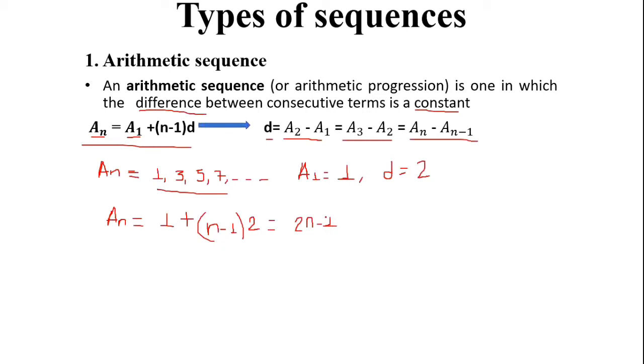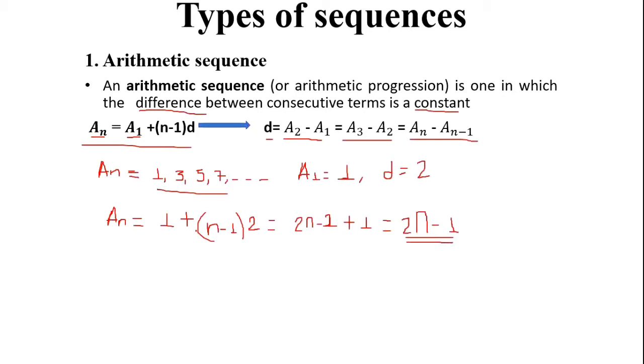Minus 2 plus 1 here. So it can be further simplified as 2n minus 1. So this is the general term for this given arithmetic sequence.